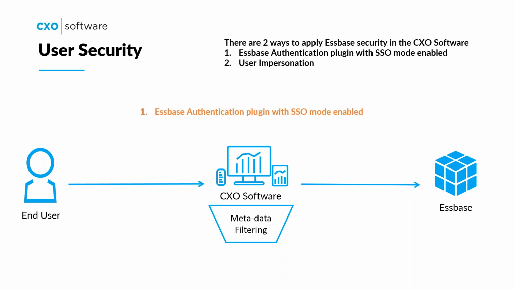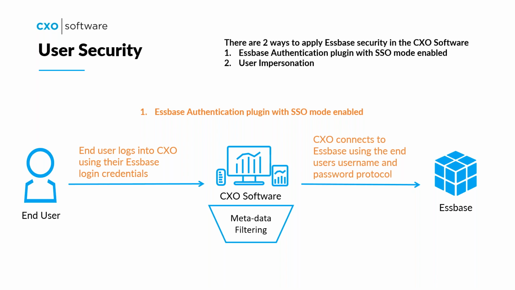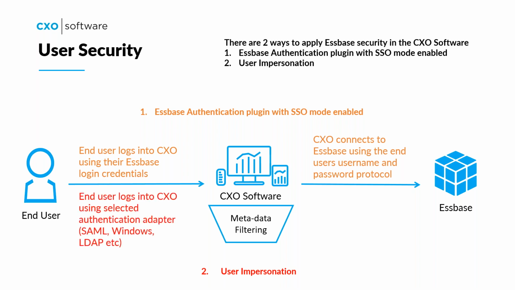This short slide gives you an example of how the two are done. The first one is that the end user would log into CXO using their Essbase credentials. CXO essentially connects to Essbase using the end user's username and password, and that's done seamlessly, so the user wouldn't notice that. Or there's the impersonation version.